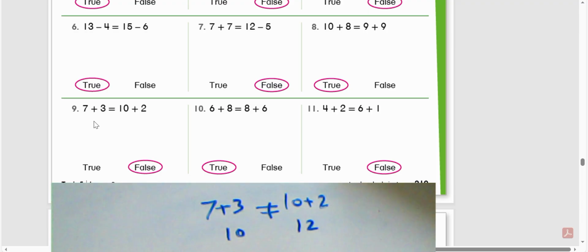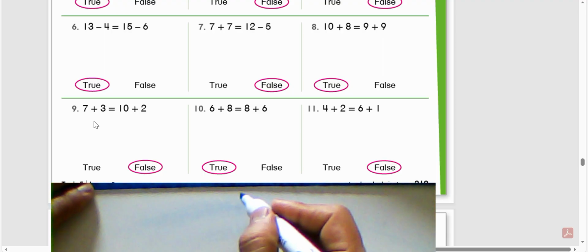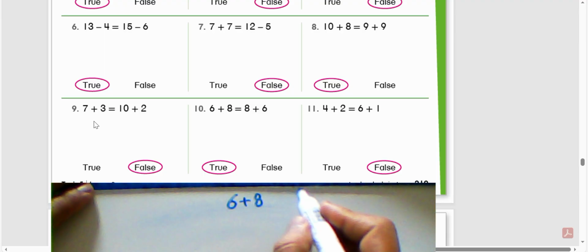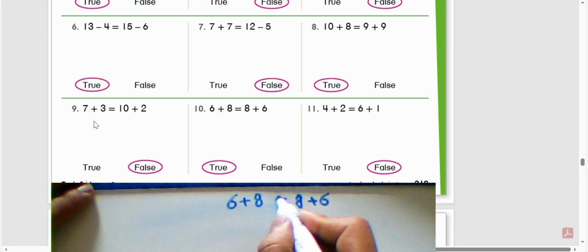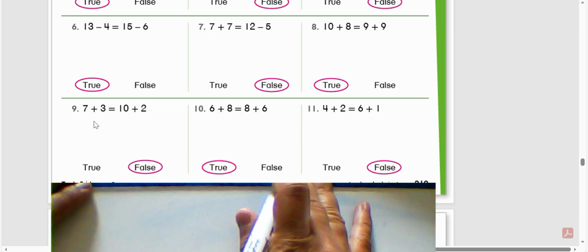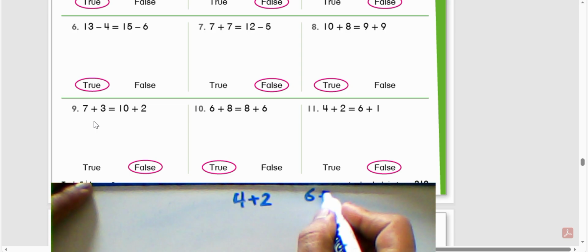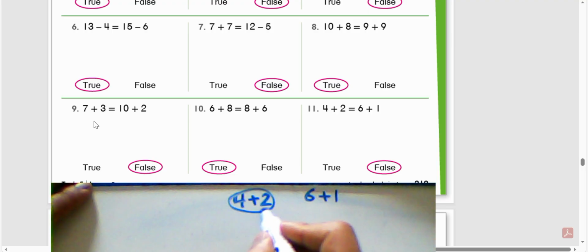Then they are not equal. 6 plus 8 and 8 plus 6, they are equal. 4 plus 2 and 6 plus 1. 4 plus 2 is not equal to 6 plus 1, because 6 plus 1 is 7 and 4 plus 2 equals 6.